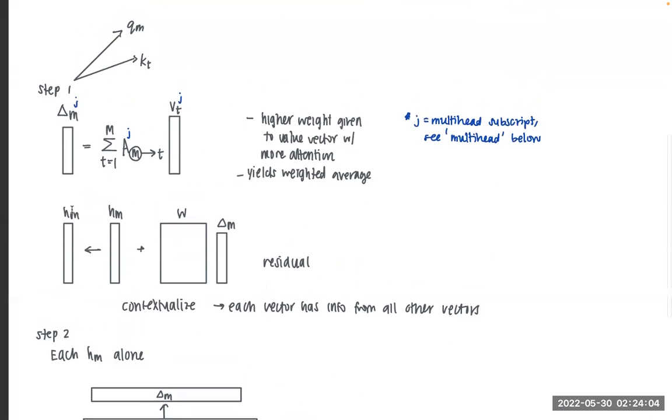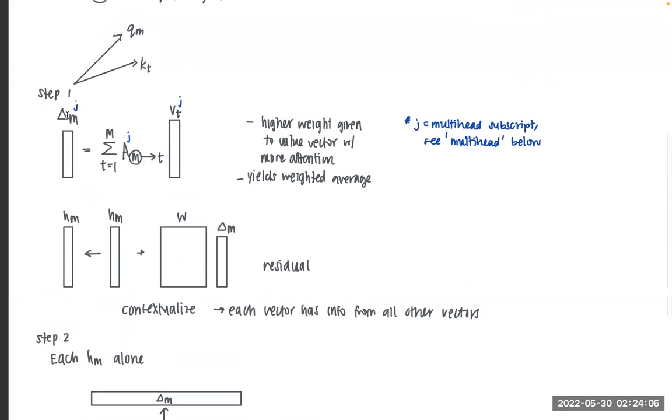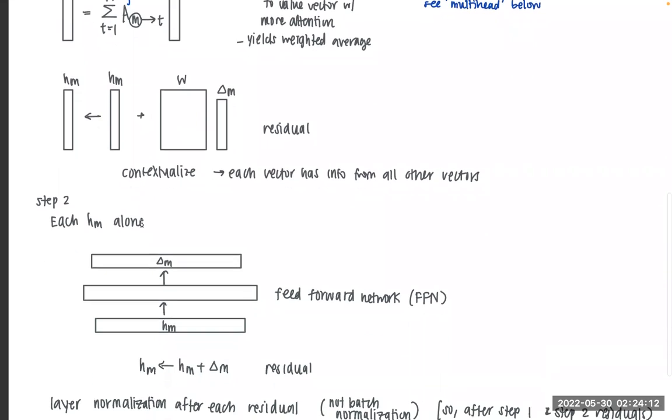So the first step is you compute the change by collecting information from other vectors. And the second step is that you go home and you think for yourself, and then you decide how much further change you want to make. And then you add this new vector delta M to the current HM computed here.